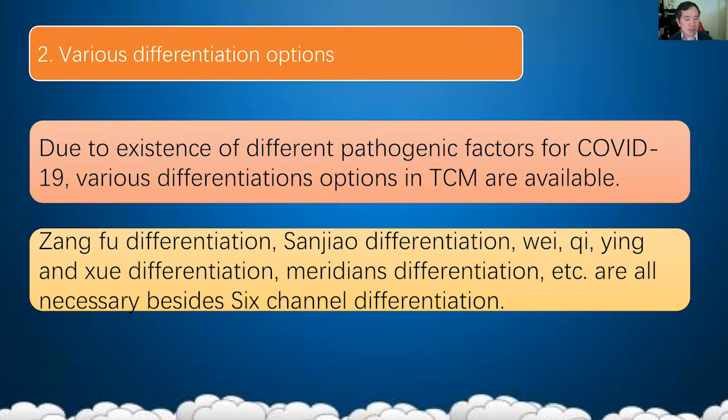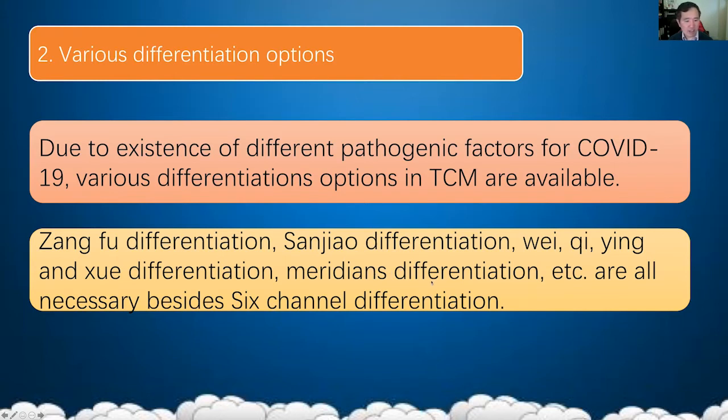Due to the different pathogenic factors invasion, we have different ways of making the differentiations. What are those options? They include 脏腑 organ differentiation, 三焦 differentiation, and 卫气营血 differentiation.